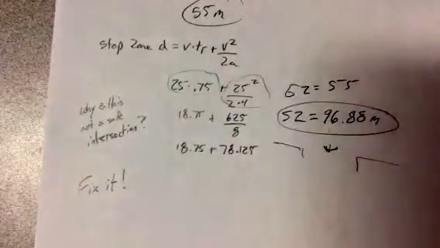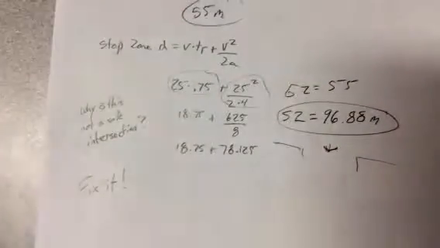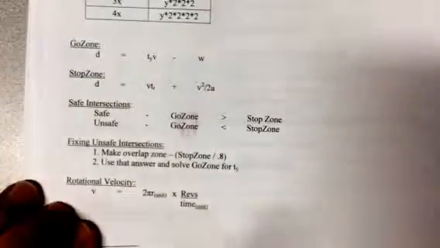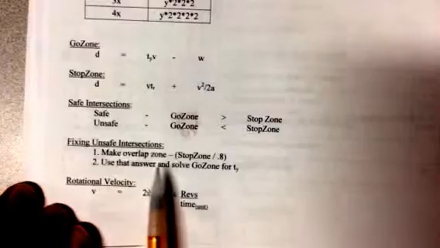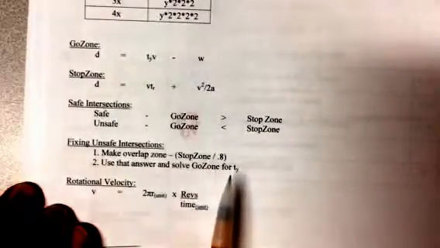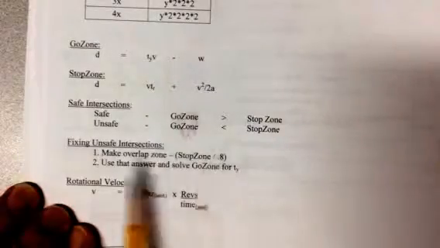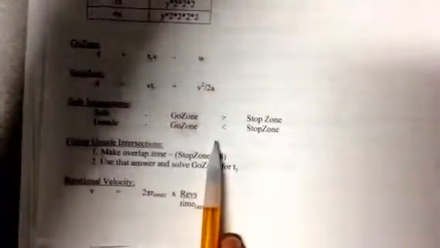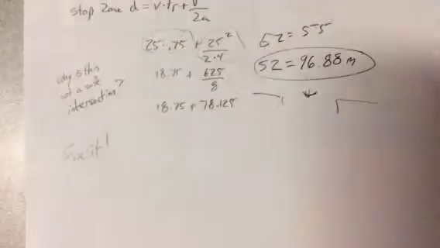If we go to page 2 in your packet, it tells you how to fix it. Let's see. Oops, right here. Okay, make an overlap zone, stop zone divided by 0.8, and then use that answer and solve for go zone. So tomorrow on your test, make sure you're using this to help you. Okay, I'm going to do step 1, stop zone divided by 0.8.